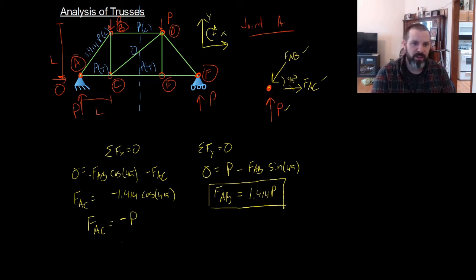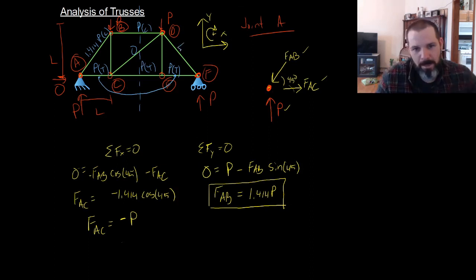So since we have P in tension here, we know we'll have P in tension here. And since we have 1.414 in compression here, we'll have 1.414 in compression here.